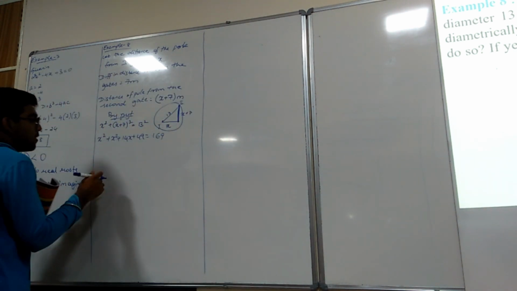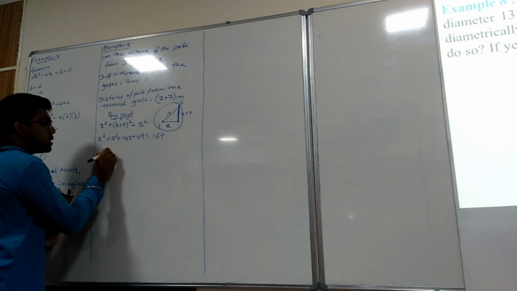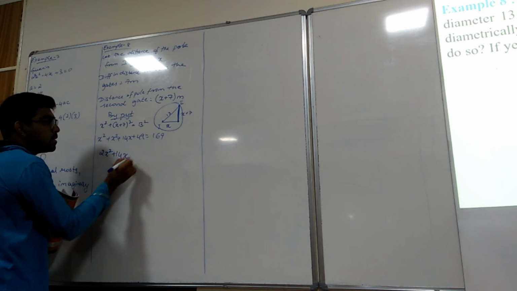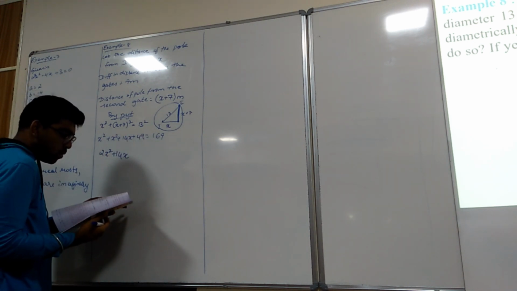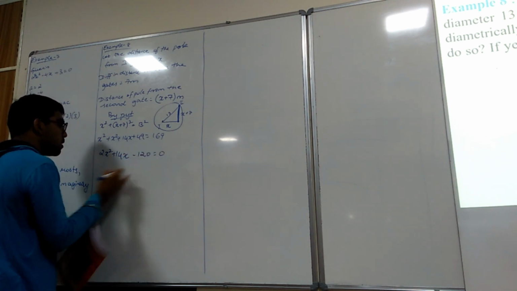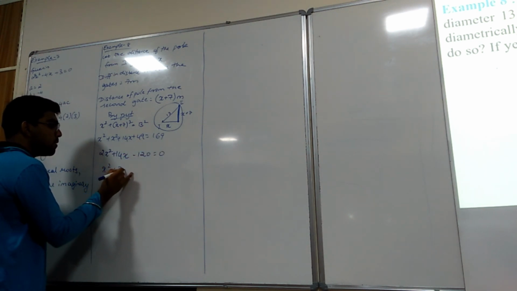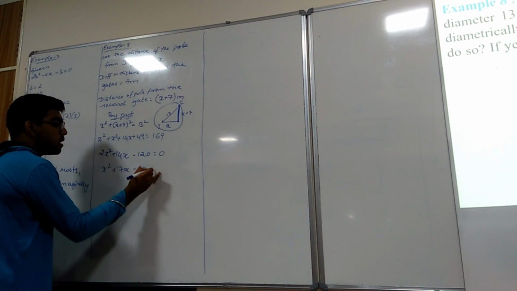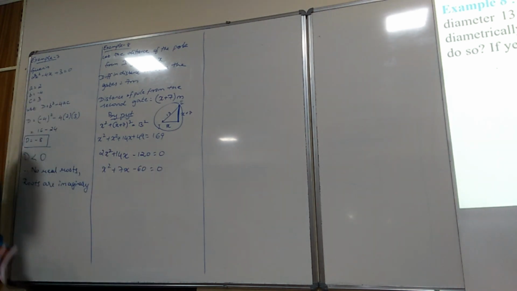Okay, let's solve it. 2x square plus 14x equals 169 minus 49, that is 120. Dividing by 2, x square plus 7x minus 60 equals 0.